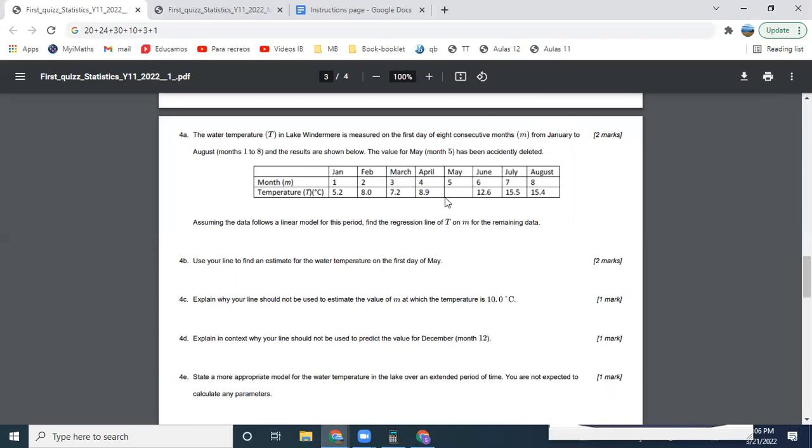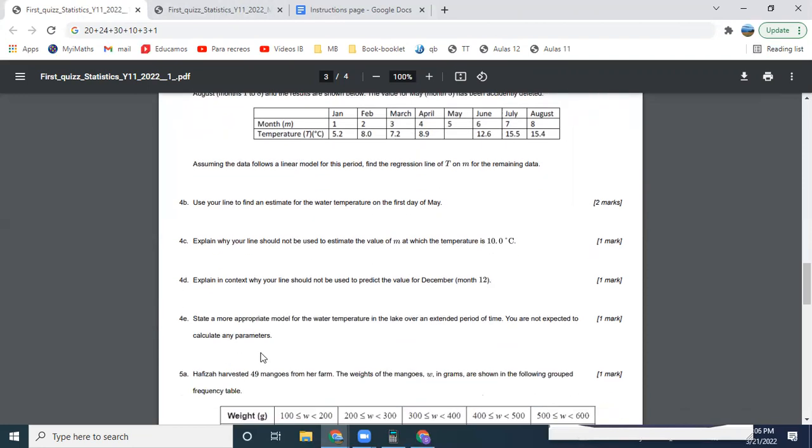So this is why it shouldn't be used, because the linear model is not going to be real for the 12 months, right? And then state a more appropriate model for the water. Well, this was kind of tricky. You can go and read the answer, but this wanted you to think about it.